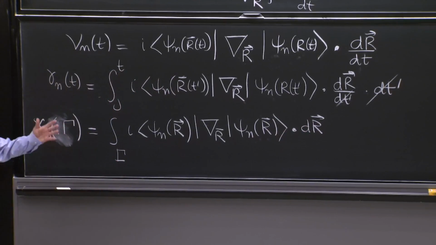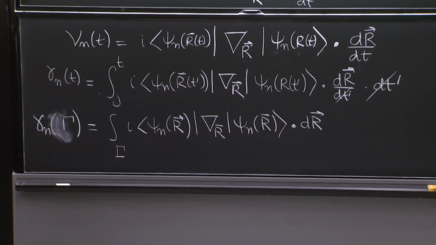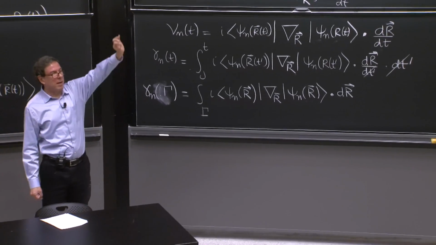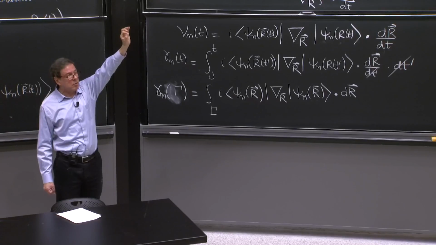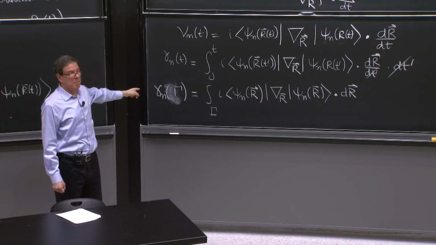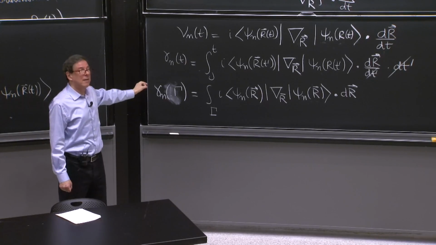And time plays no role. You just follow the path. So whether this thing took 1 minute to make the path or 1 billion years, the geometric phase will be exactly the same. It just depends on the path it took.